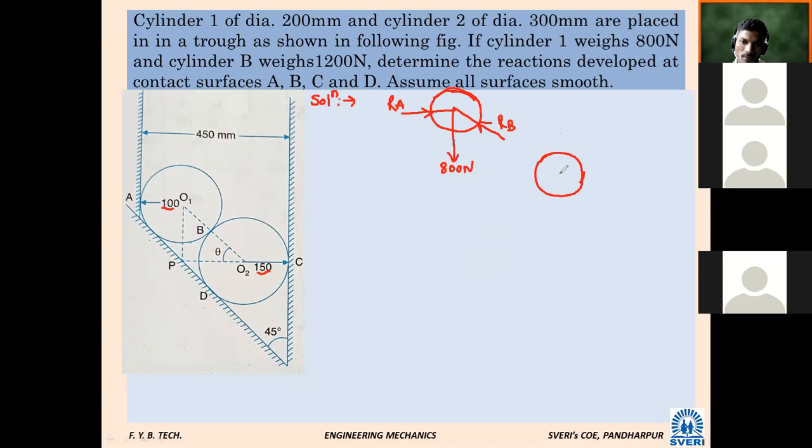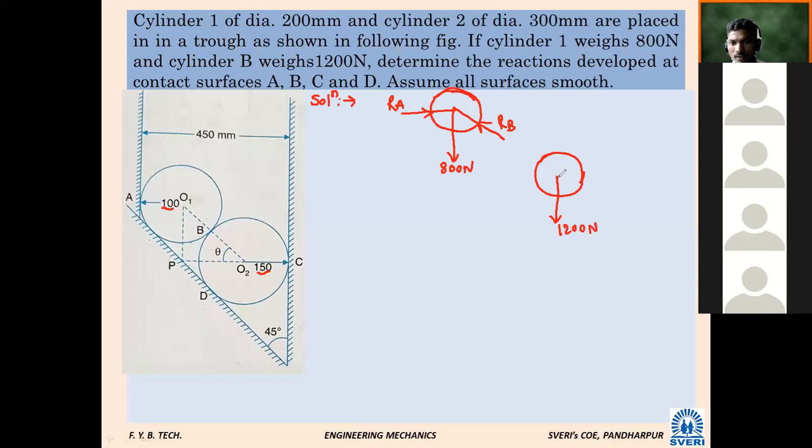Here there is again a center. What is the weight acting? 1200. Then there will be reaction RC at this point. At point B, will the arrow be downward or upward?